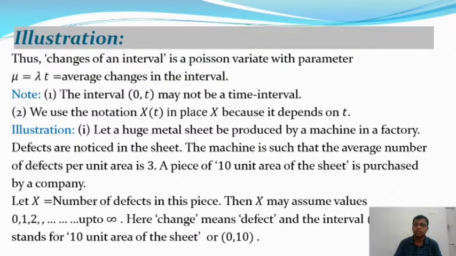So here changes means defects, and the interval 0, t stands for 10 units area of the sheet, that means 0, 10. I have already mentioned in the previous slide where the Poisson distribution fits.